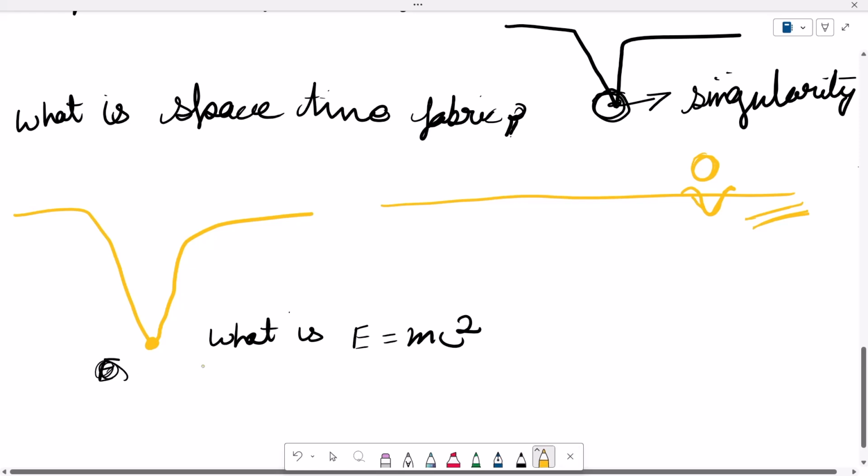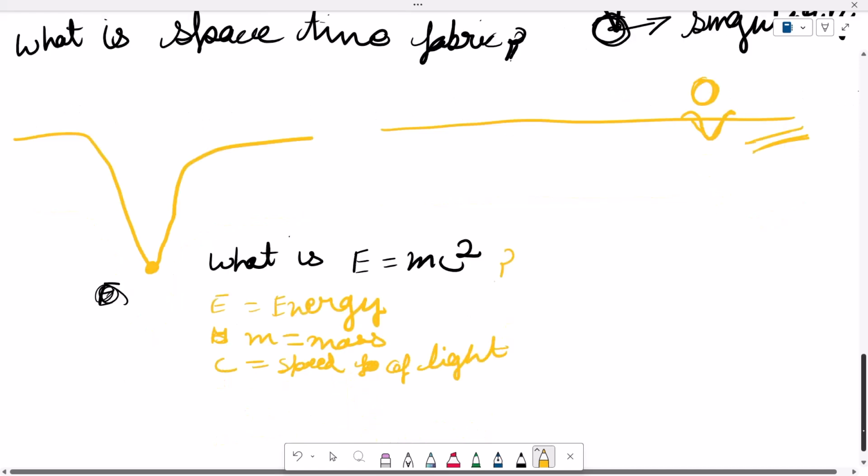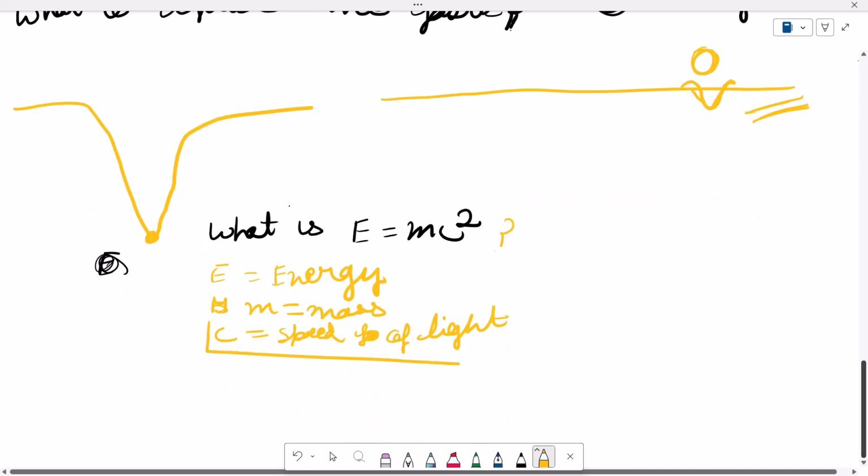Let me write it with the yellow pen. Small m stands for mass, and c stands for the speed of light.